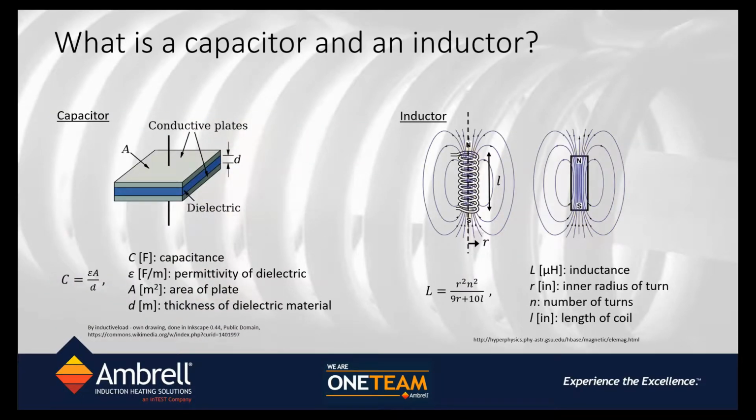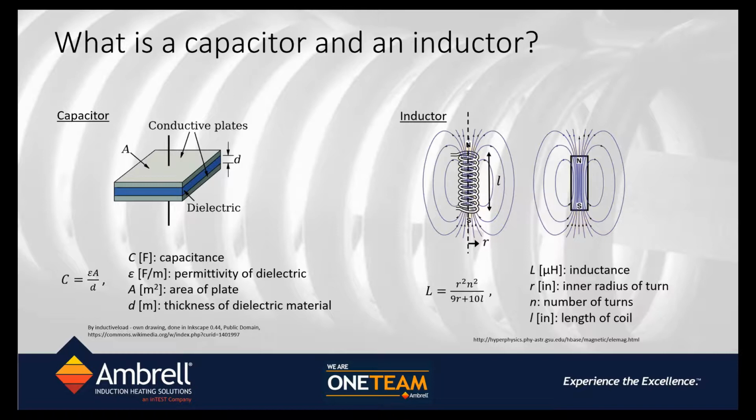Capacitance is basically denoted by C, and the capacitor is basically a storage device in the electrical circuit. The capacitor is a storage device for electric charge. Usually the simplest form of capacitor is two parallel plates that are separated by a dielectric, as shown in this picture.